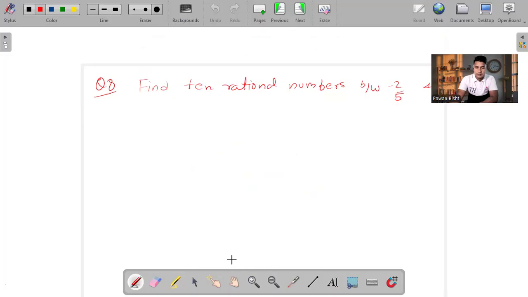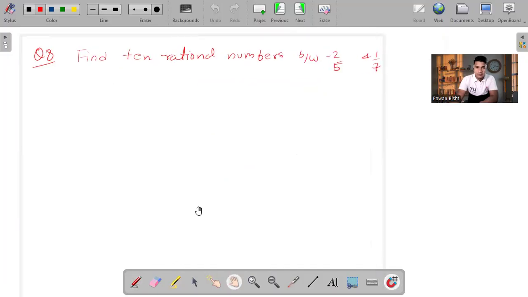Question 8. Find 10 rational numbers between minus 2 over 5 and 1 over 7. How many numbers you have to find? 10. Okay, 10 numbers, between minus 2 over 5 and 1 over 7. Try to make the denominator same. The LCM of 5 and 7 is 35.